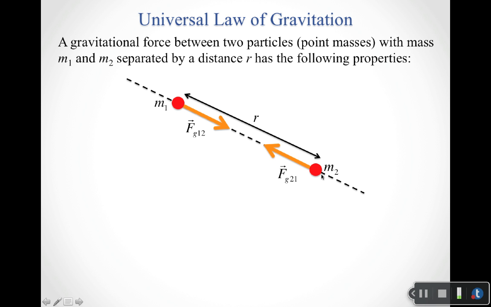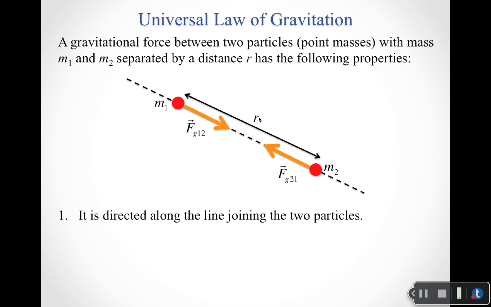If you take two particles, here's mass 1, here's mass 2, and you separate them by a distance r, then that force has the following properties. One, it's directed along the line joining the two particles. Notice we're basically drawing two free body diagrams.